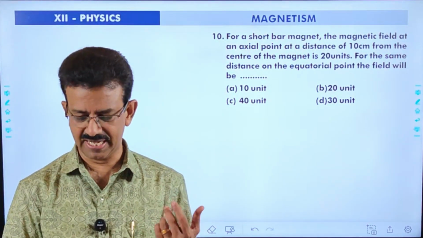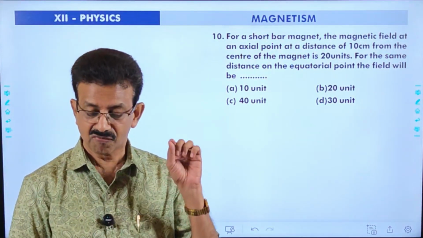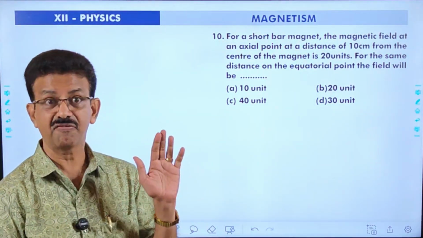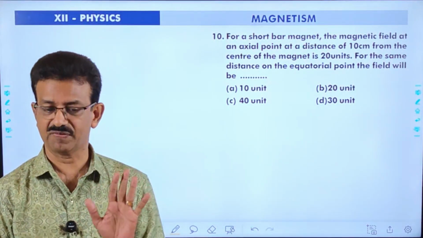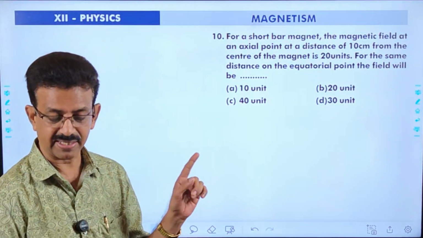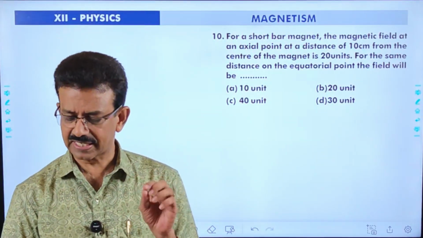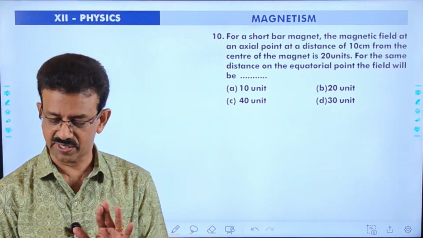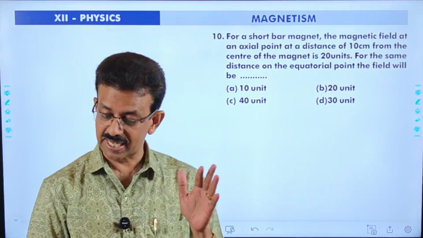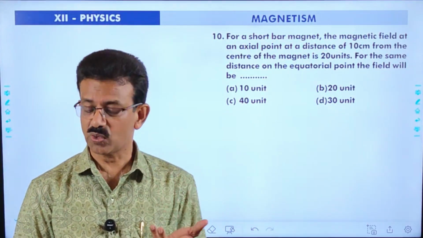Question number 10. That's about the field intensity. For a short bar magnet, the magnetic field at an axial point at a distance of 10 centimeter from the center of the magnet is 20 units. Then for the same distance, what is the equatorial field?